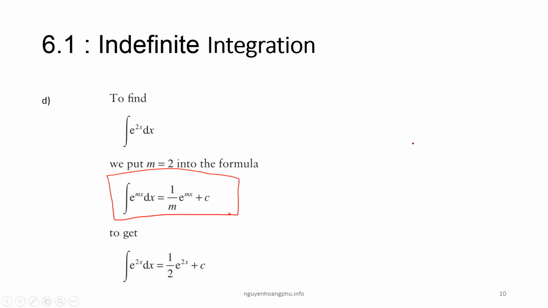Okay, now you see why this one is divided by 2. Because as I said, if e^(u(x)), we take the derivative here, multiplied with u'(x).